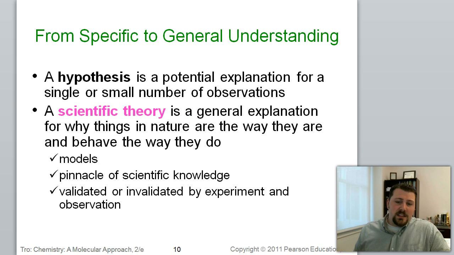So your hypothesis is this potential explanation for a single or for a small number of observations, and eventually you form a scientific theory, which is a general explanation of why things in nature are the way they are and behave the way they do.